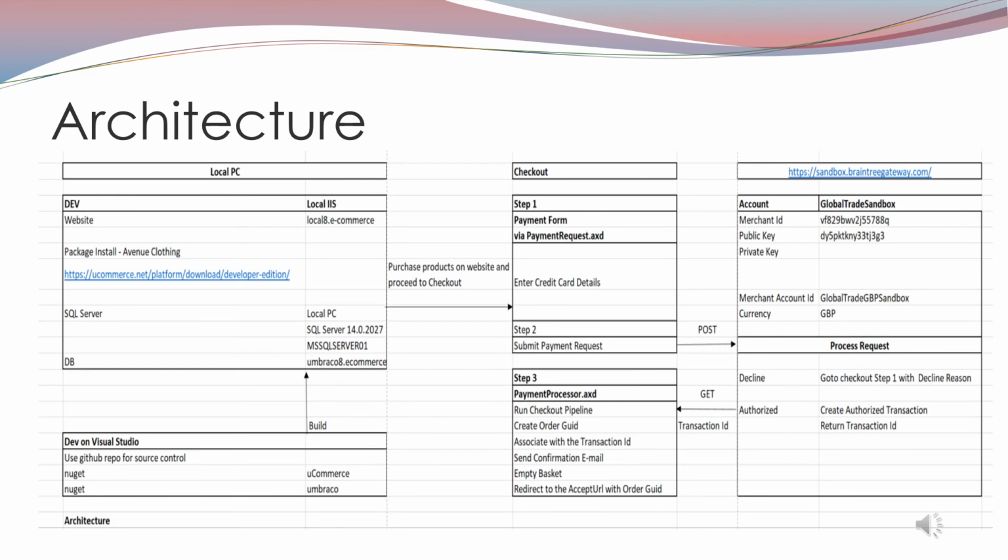So we create an order associated with the transaction, send the confirmation email, we empty the basket, and we redirect to the accept URL, which is generally the confirmation page, completing the order cycle.